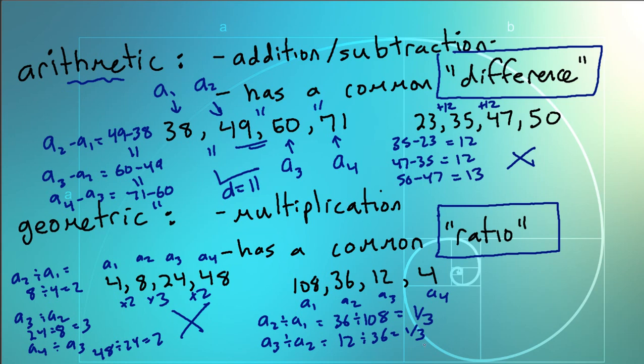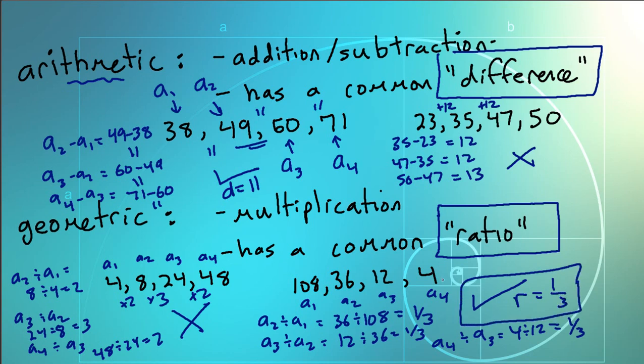And that also gives me 1/3. And then finally, A4, the fourth term, divided by A3. So that's 4 divided by 12. That gives me a third, or 0.3 repeated. So I have a third each time. So yes, this is geometric, and my common ratio, I'll call it R, is 1/3. So that goes to that one, and this was my common difference for this one.